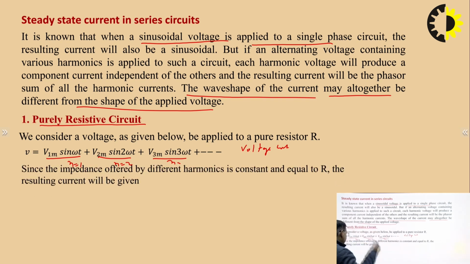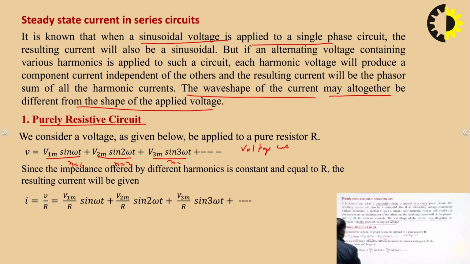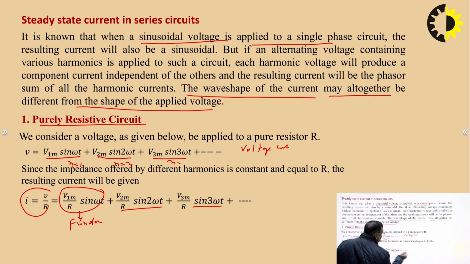So when the circuit is purely resistive, the resulting current will be V by R. This is the first component, your fundamental, this is your second component, third component, and so on.